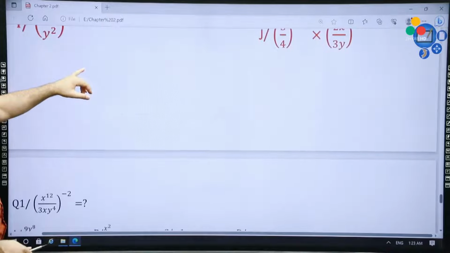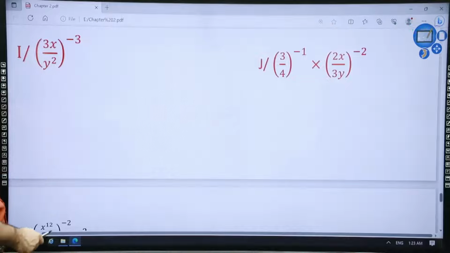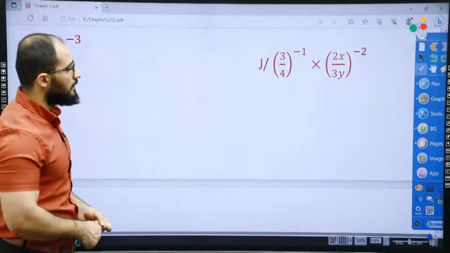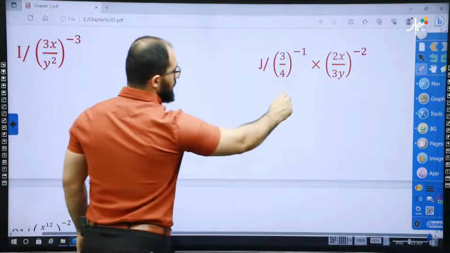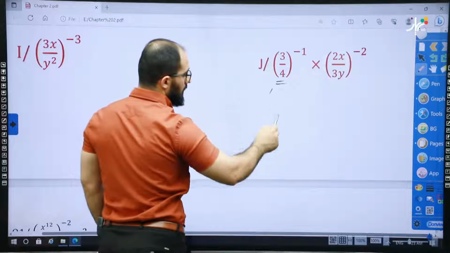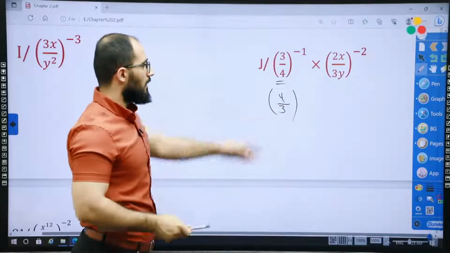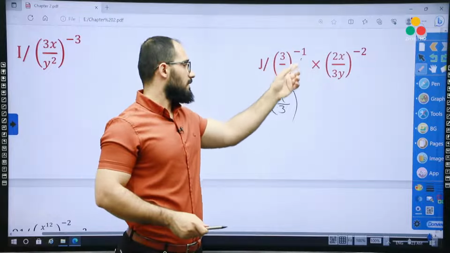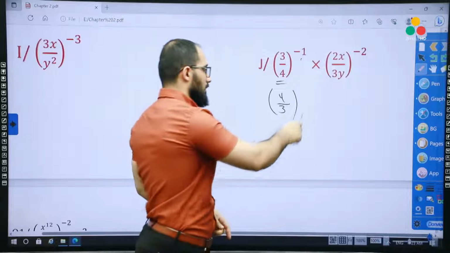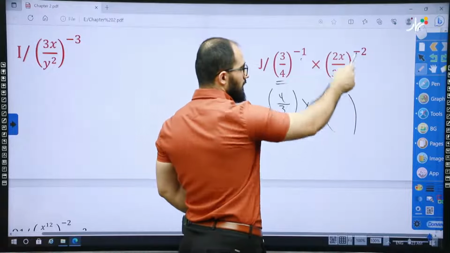Then example J, this is the last example. We have 2 brackets. Maybe you think it's a difficult question, but it is not. For the first one, try to upside down the number 4 over 3. If you make the power positive, it's going to be positive 1, so we do not write it. Multiply. Again, we have a negative power.